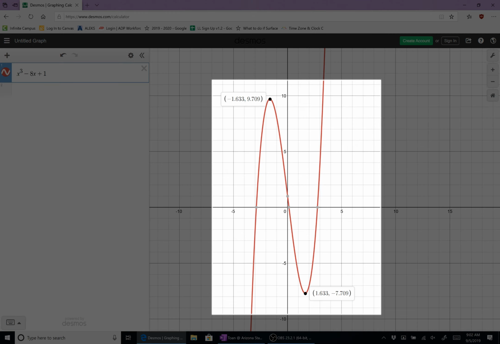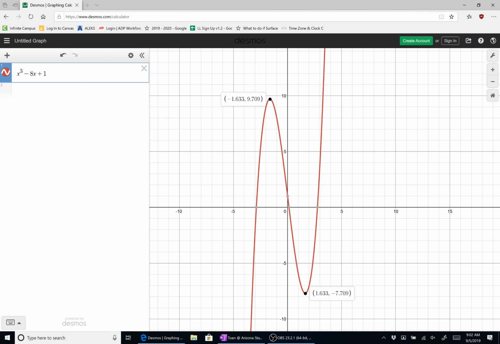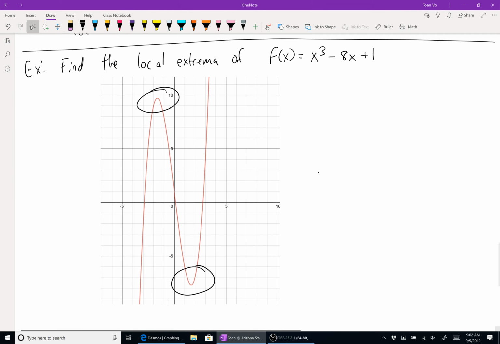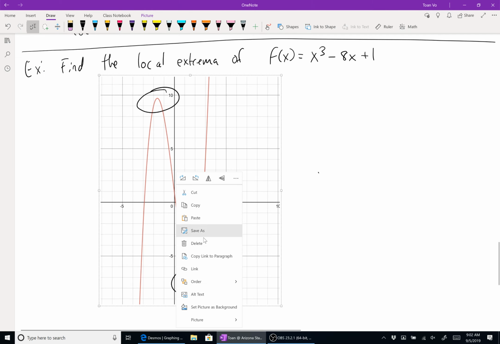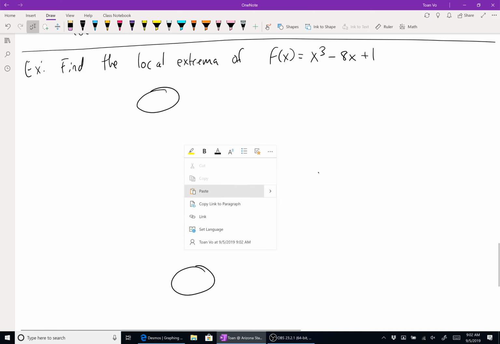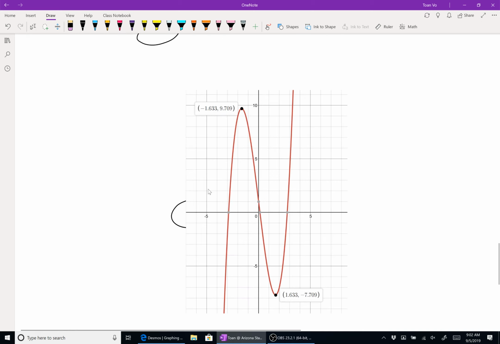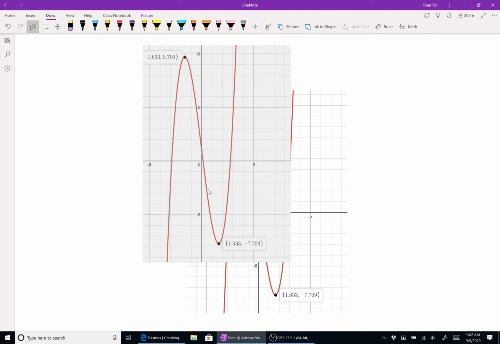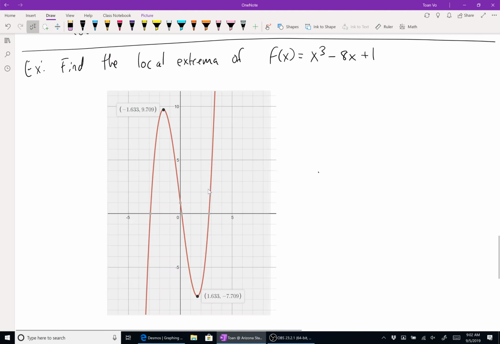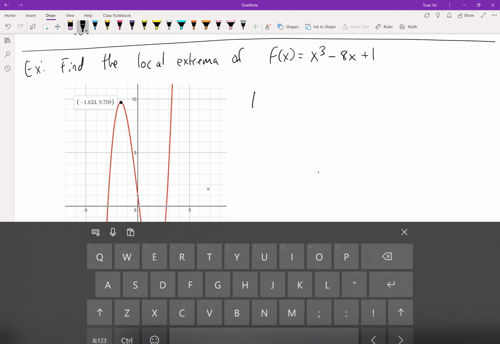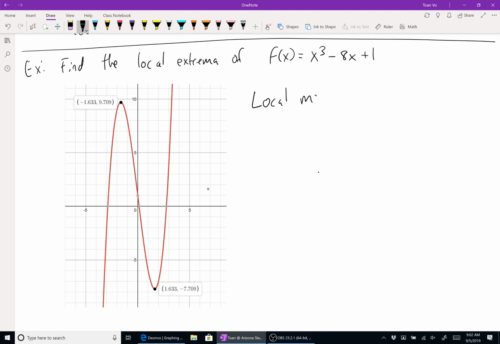So let me just include it into the notes. So it would be the y values? It would be the y values, yeah. So if you go on Desmos and you click on the extrema, the numbers will pop up. So I would say the local max value is about 9.709.